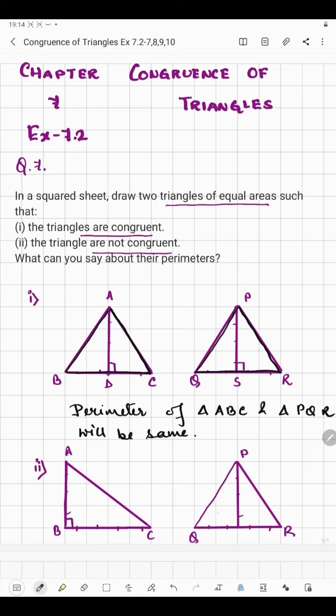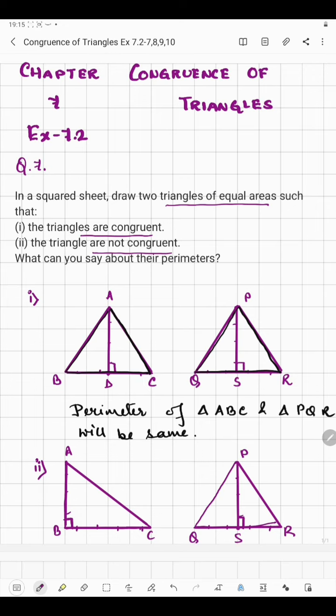But in triangle PQR we made the base the same, 4 units, and from the midpoint of QR, say S, this PS is the height and it is 3 units. So in these two cases the base and height are the same. This is also height, this is also height, which is 3 units, and this is the base, which is 4 units.